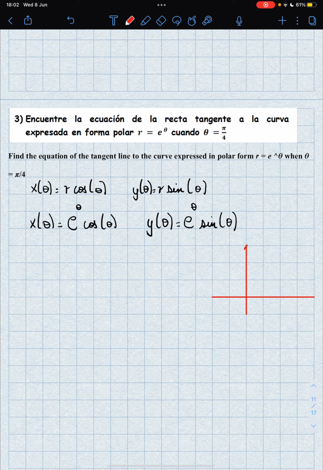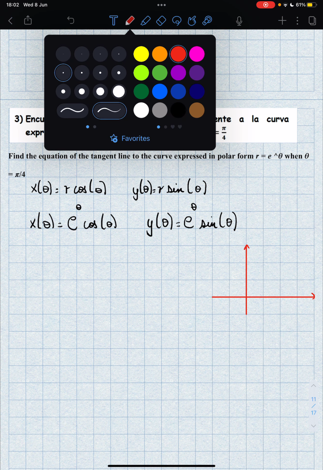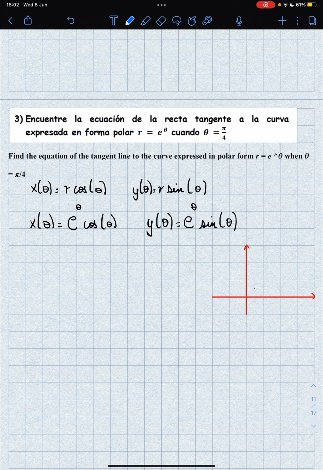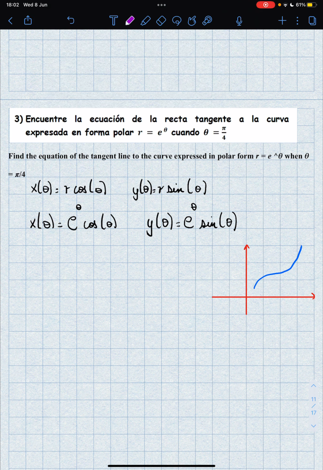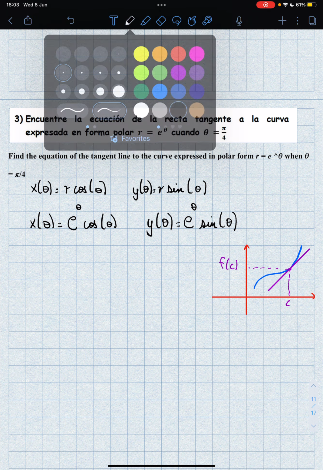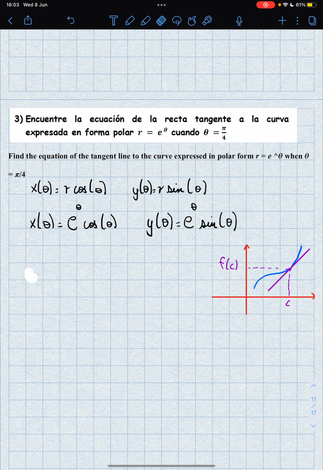Now remember something, and I'm going to make you a graph, so just so you know. Remember that you have this graph, this equation, in rectangular coordinates. If you want the tangent line to the curve, it's going to be something like this. You evaluate this at a specific point. So let's do it.